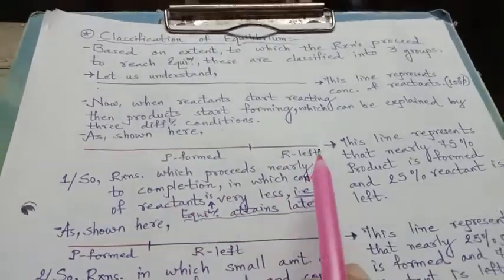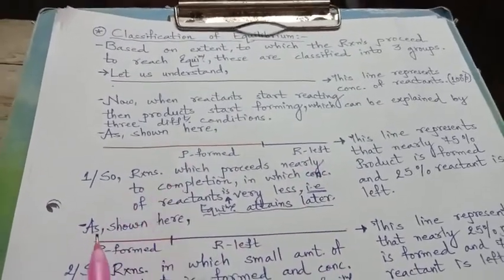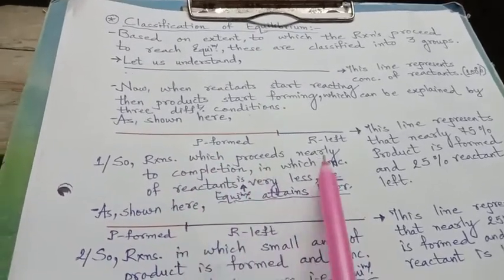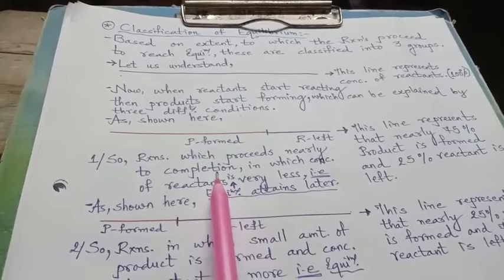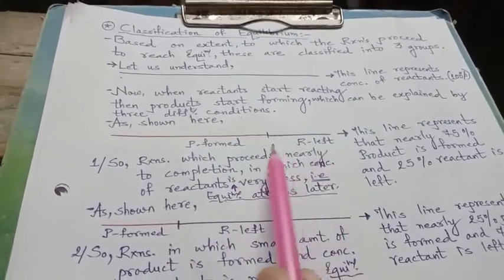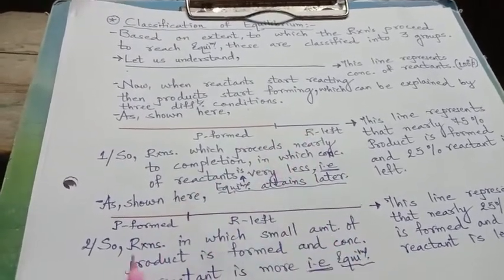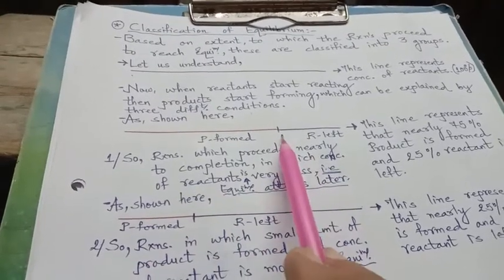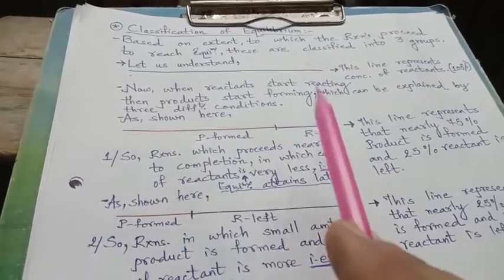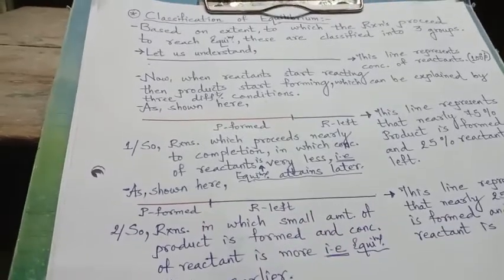So for this condition, we can say that reactions proceed nearly to completion, in which the concentration of reactants is less, and equilibrium attains later. When will it attain? When the reaction carries forward to use up this much reactant, then we can say that equilibrium is attained.